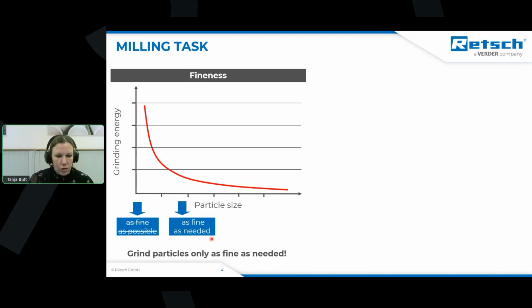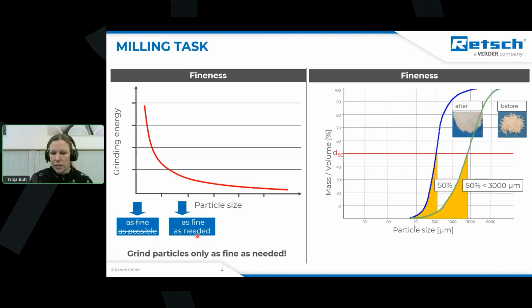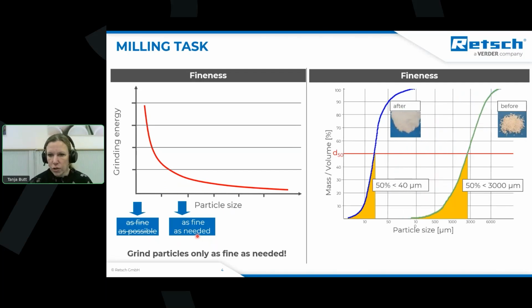Only make sure that the sample is homogenized and that you achieve at least the 500 microns. This should be okay for most. And when we talk about fineness, just this picture over here, before and afterwards, you see here the D50 value is below 3 millimeter before and below 40 microns after the grinding process.